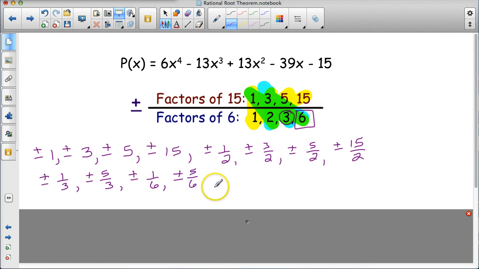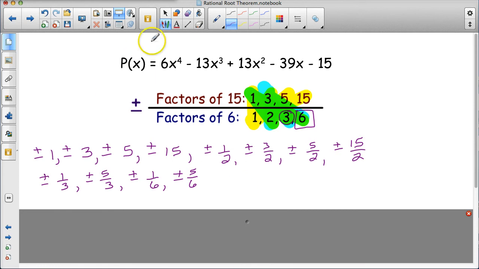But when you reduce 15/6, you should get 5/2. I already have plus or minus 5/2, so I don't have to repeat it. In other words, we have now found all of the possible rational factors. That's quite a few of them, isn't it? What do we do with that now?